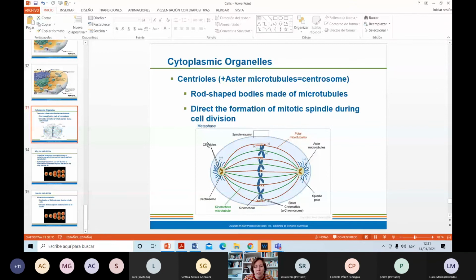These two things, centrioles and aster fibers, form the centrosome. Centriole, just the yellow one, two centrioles, and the aster fibers form the centrosome. And the mission was forming this structure, the mitotic spindle, that is going to help in the division of the cell.